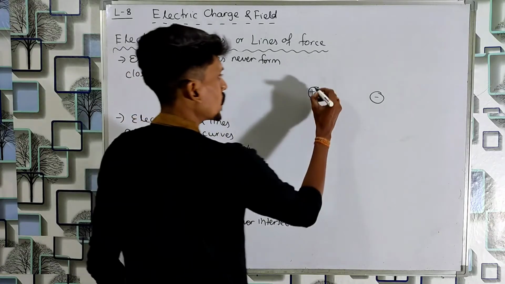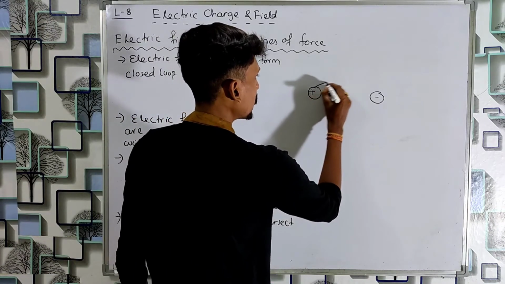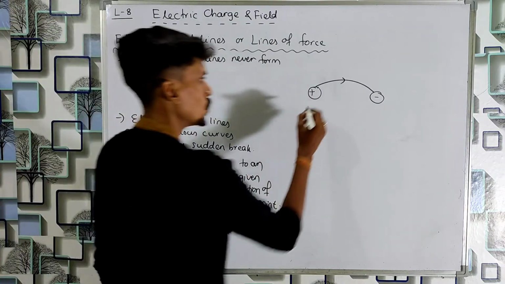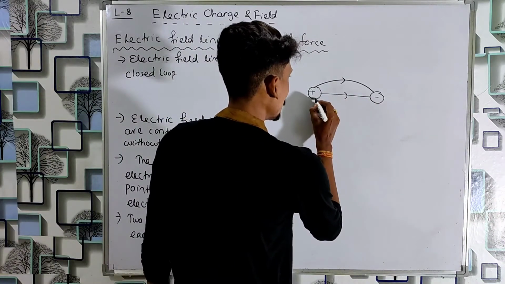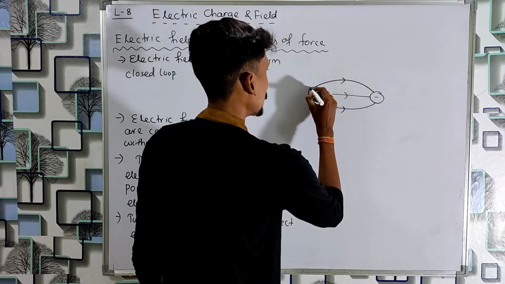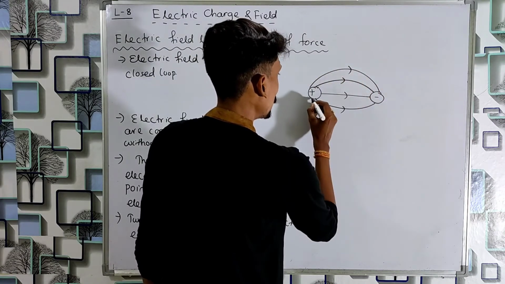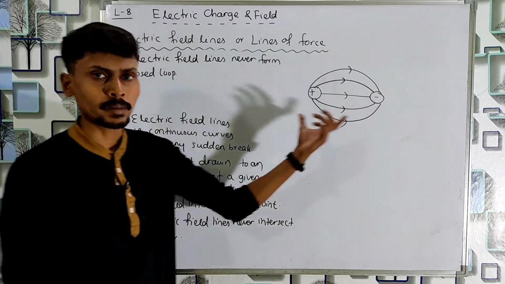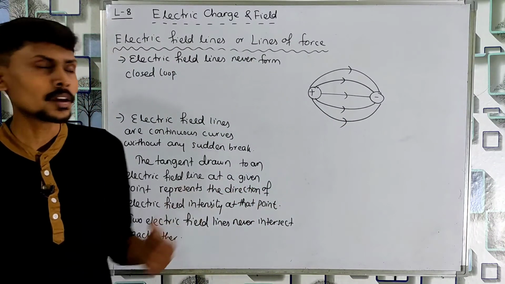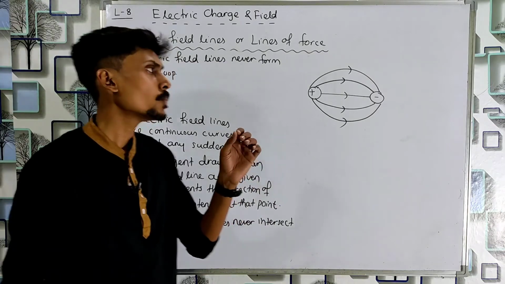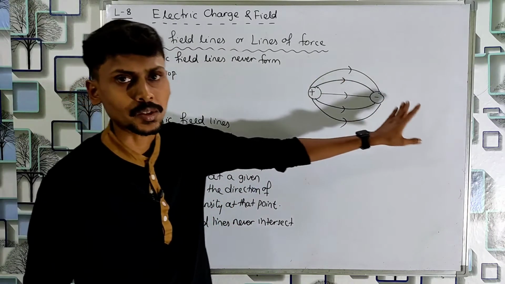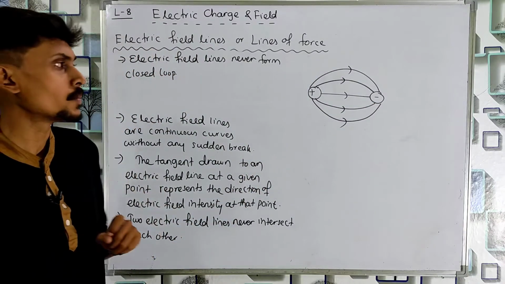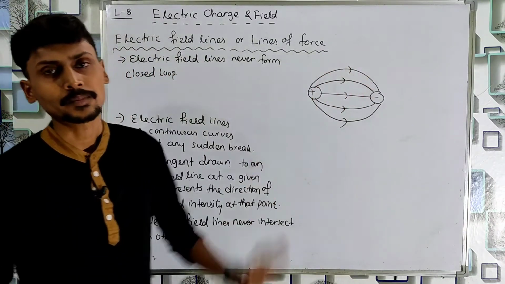So in this case, how will the path of the electric field line come? Like this, the electric field line will be like this. So if a question comes in the exam, draw the electric field lines due to two opposite charges or due to a dipole, we can also say dipole, and what is a dipole we will discuss in the next class. So dipole means opposite charges. For an opposite charge system, this is the shape of the electric field lines.